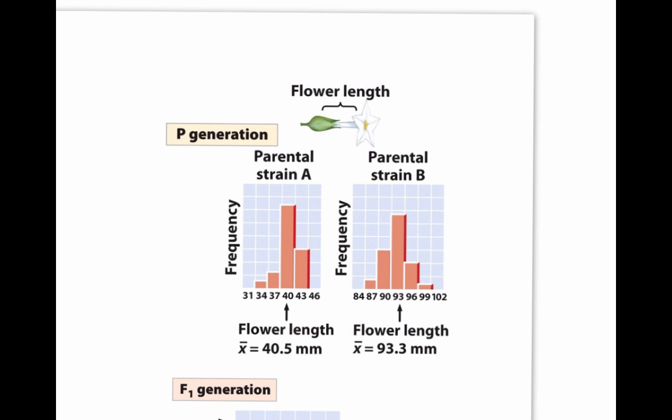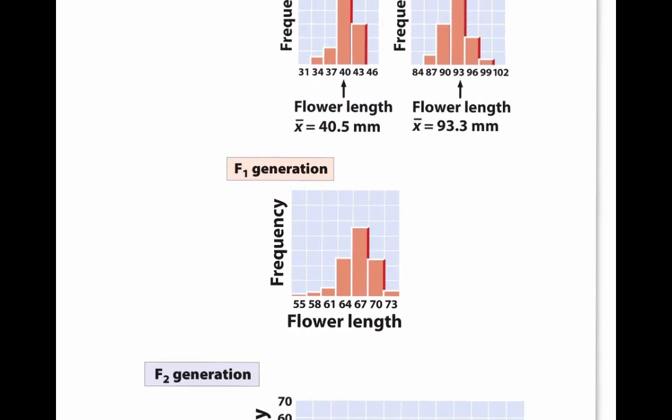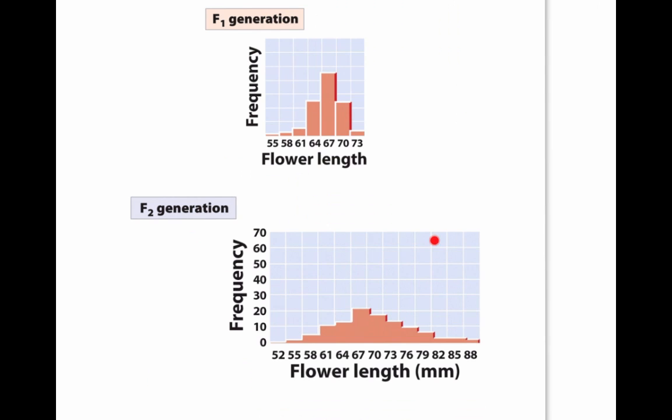Now if you then go to the F1 generation, you find a similar type of variation. Now let's be scientific, let's call this variance. The variance observed here was in fact comparable to the variance that was observed in the parents. And when East got to the F2 generation, he saw that the variance was now much larger.